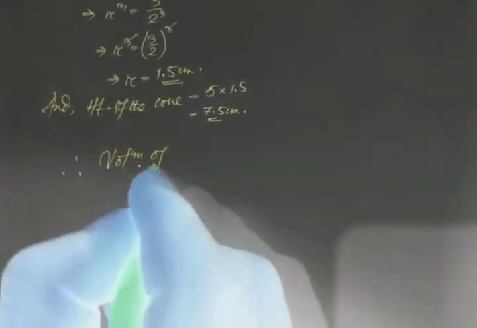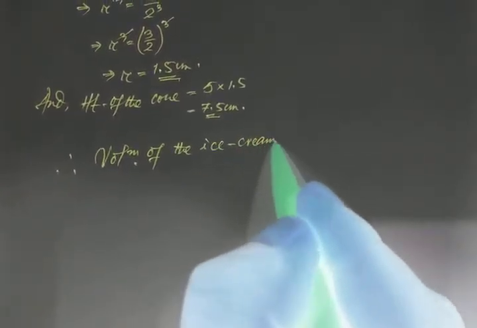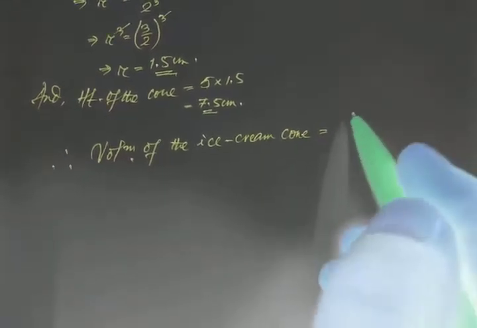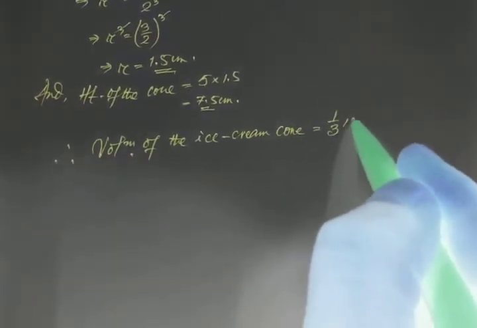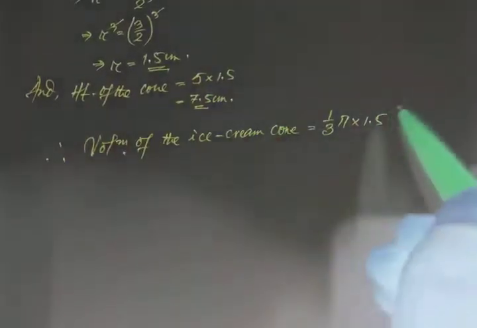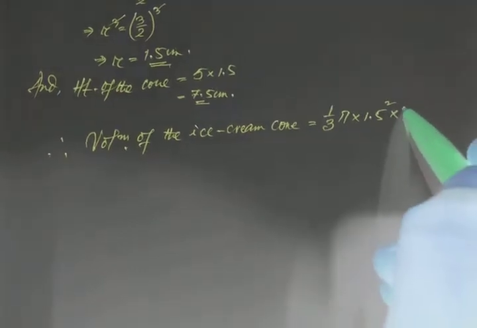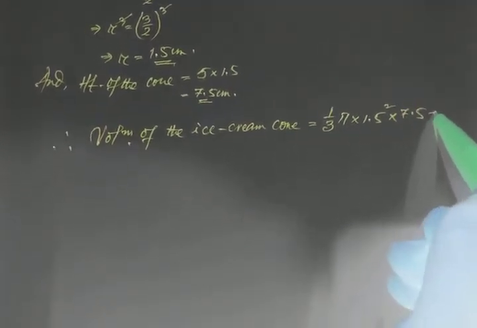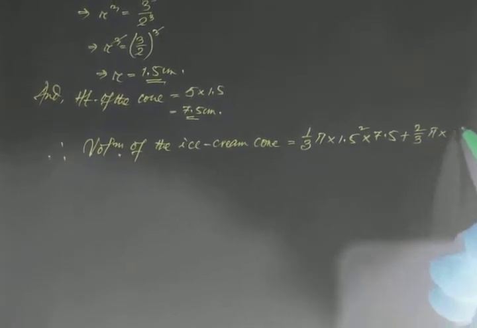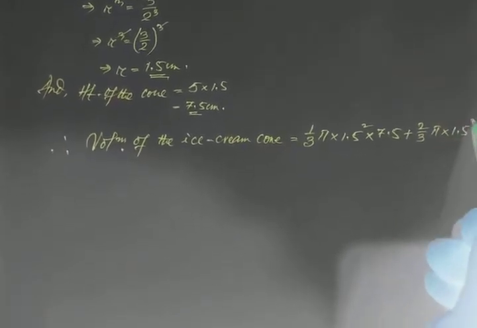Therefore, volume of the ice cream cone will be volume of cone plus hemisphere, that is 1 by 3 pi r, as we got 1.5 here, square h, plus volume of hemisphere 2 by 3 pi r cube.